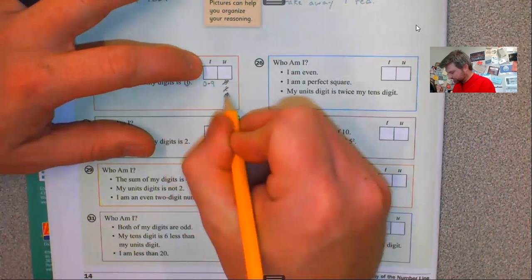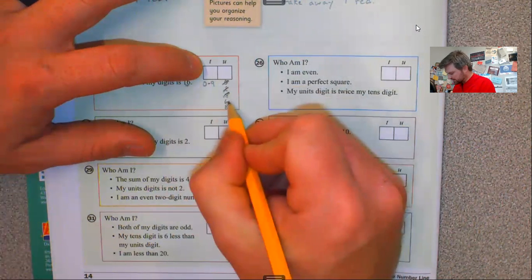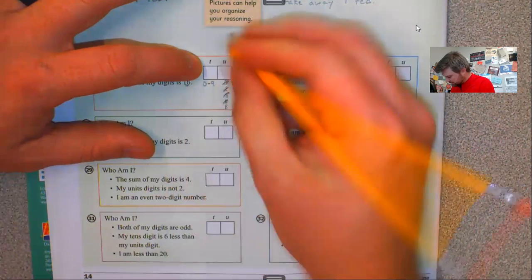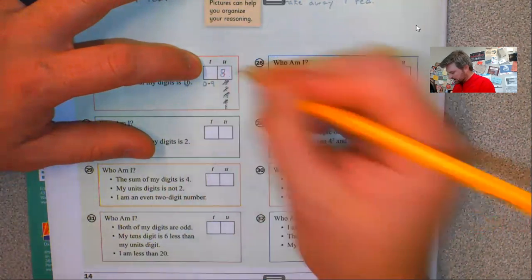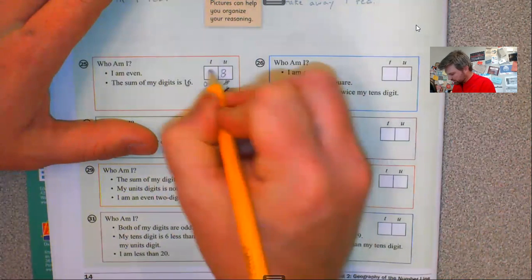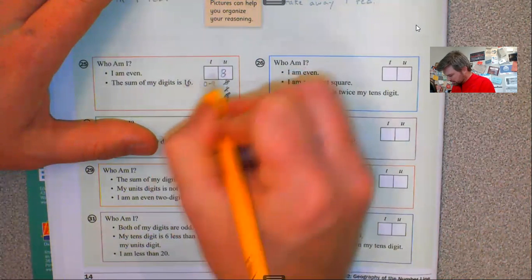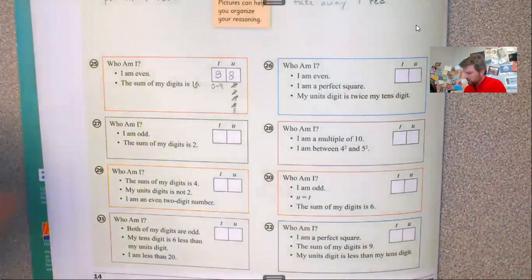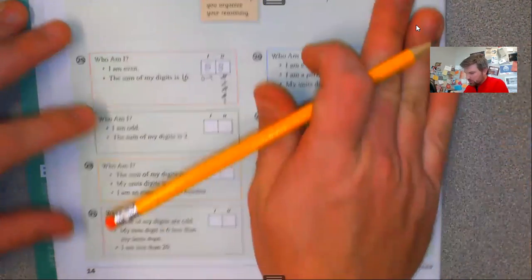That can't happen. If this is 6, this would have to be a 10. I still can't have that. So this has to be an 8. And if we're adding the 2 digits to get 16, well, 8 plus what number gives you 16? That would have to be 8. Okay, so use a list here and mark them off as you need to.